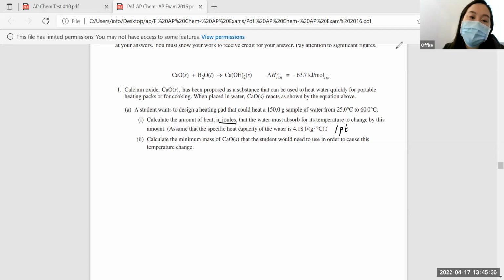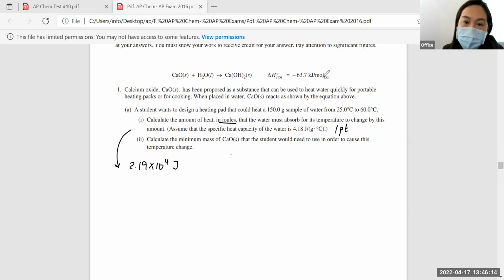Second part: calculate the minimum mass of calcium oxide that the student would need to use in order to cause this temperature change. Essentially we know from part one that we had 2.19 times 10 to the fourth joules, the amount of energy that would be needed.